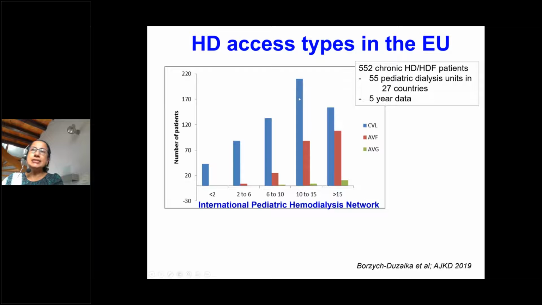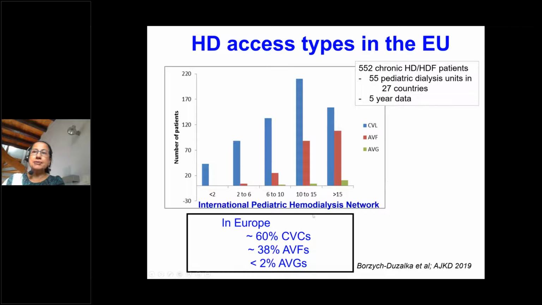So in blue are the central venous lines, in red the arteriovenous fistulas, and then a very small prevalence of arteriovenous grafts. The overall prevalence in Europe, therefore, is that about 60% of our patients have central venous catheters and 38% arteriovenous fistulas. This is better than the statistics from North America.